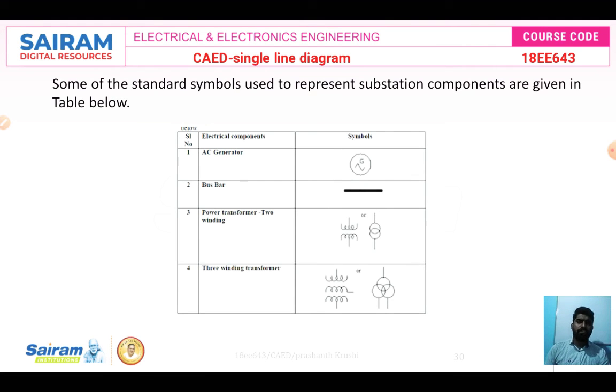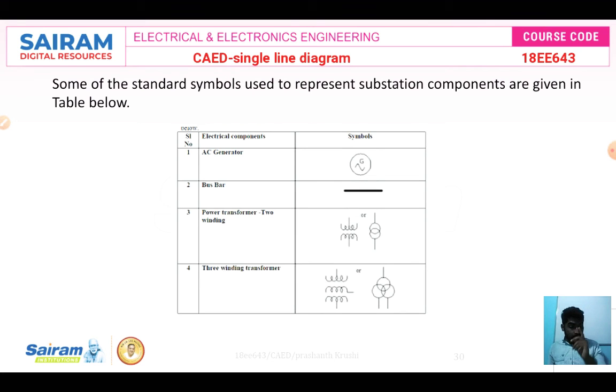Okay, some of the standard symbols used to represent substation components are given in the table below. While drawing the diagram in our CAD software also, we need to search for these commands, I mean the particular electrical components, so keep it in your mind.